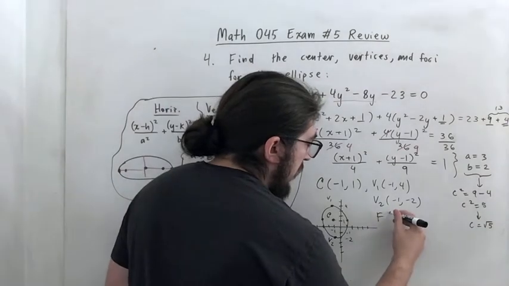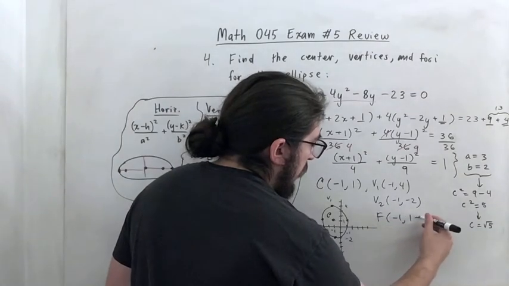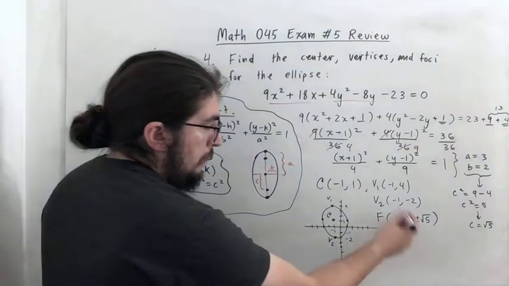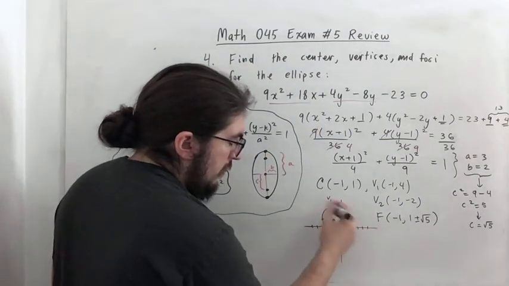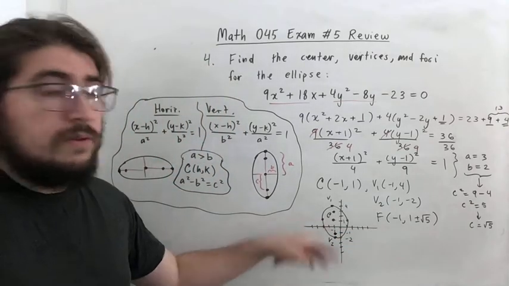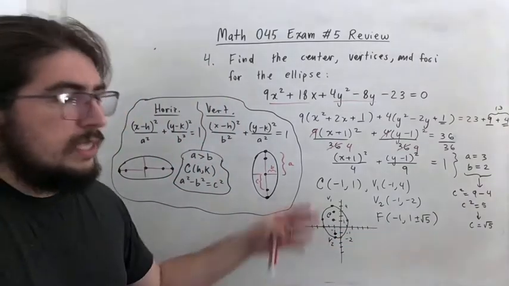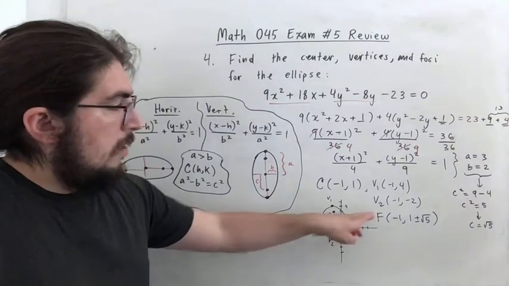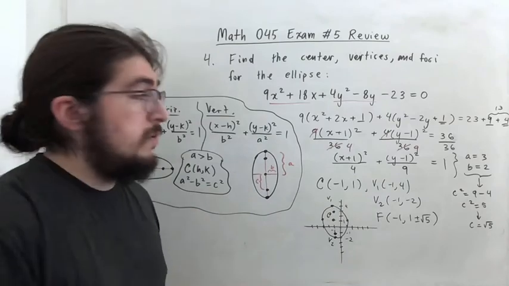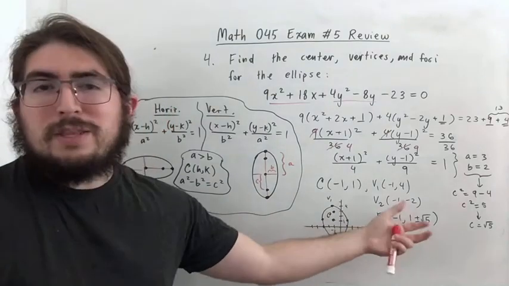I'm going to say the foci are negative 1, comma 1 plus or minus radical 5. Plus radical 5 for the focus on top, and minus radical 5 for the focus down below. Sorry. So I'm not writing it as F1 and F2, I'm just writing it as F with that plus or minus notation, and I'm okay if you do that, provided it can't really be combined.